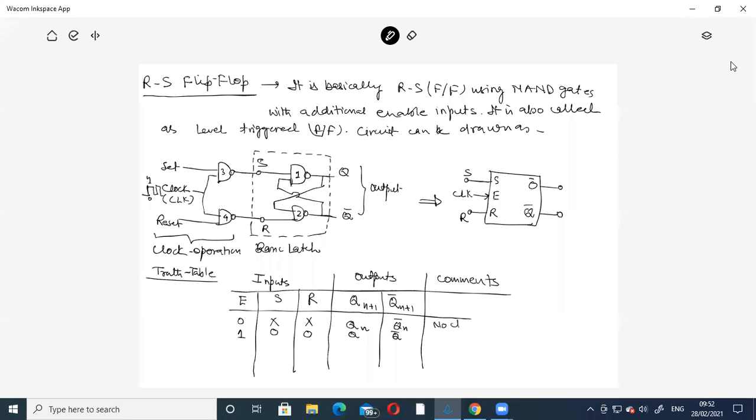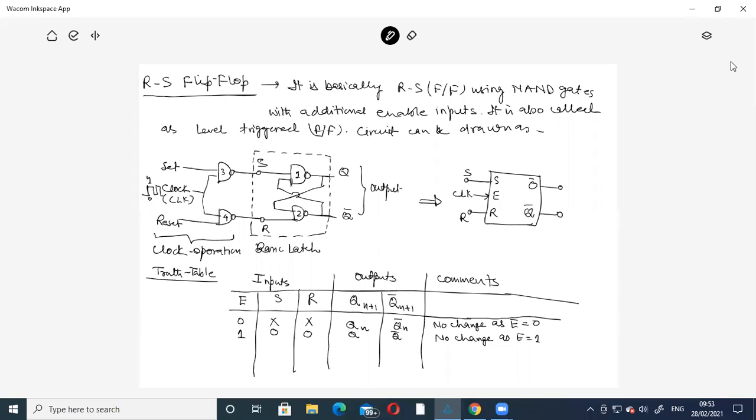This is no change as E is equal to 0, and no change as E is equal to 1, because both are 0, 0.